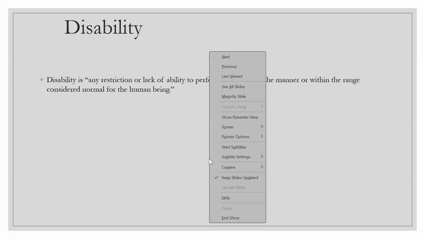So, for example, somebody is supposed to be able to tie his or her shoelace, but because of an injury, the person is not able to tie the shoelace. The loss of function, the injury on the hand, is the impairment. The inability to physically hold the shoelace and tie it is the disability.